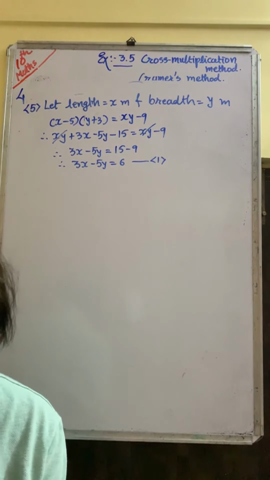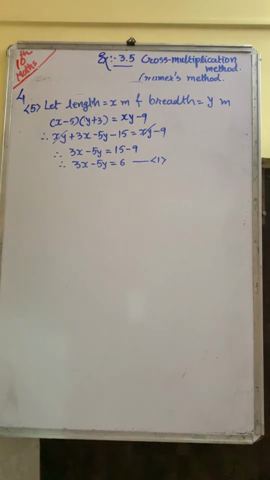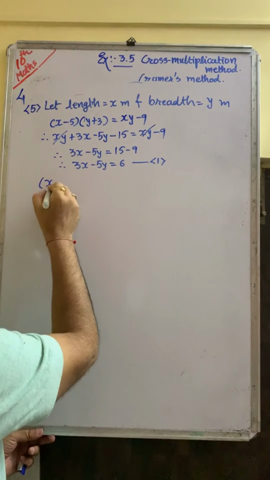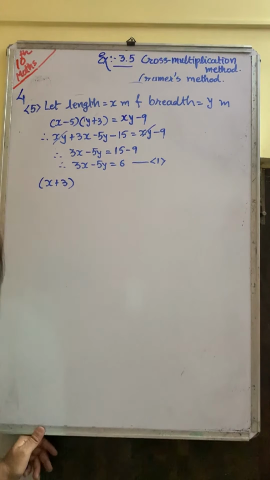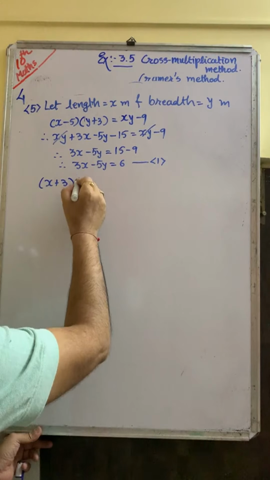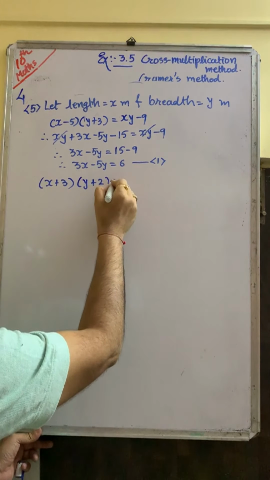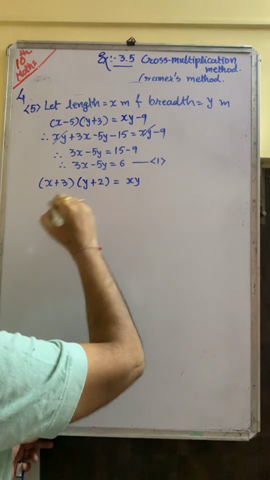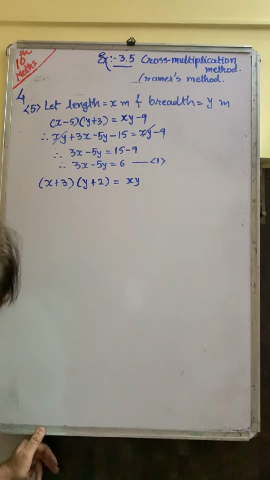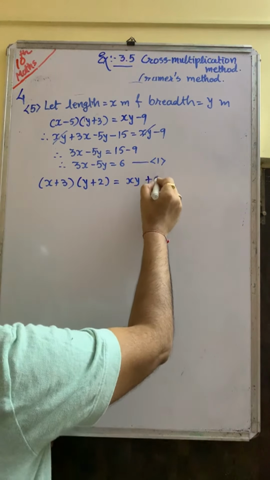Now another statement. If we increase the length by 3 units, means now x plus 3, length multiplied by breadth, and the breadth by 2 units, breadth also increased by 2 units, then the original area, that is x into y, is also increased by 67 square units, plus 67.